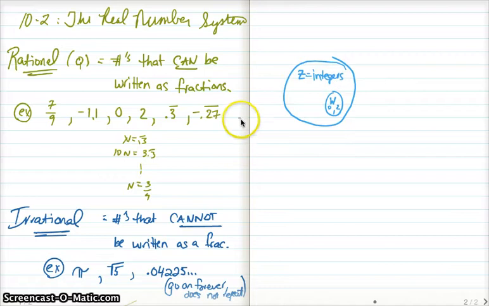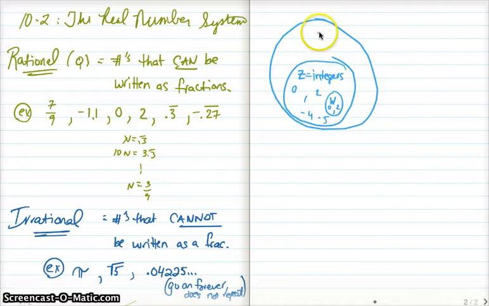So I think I'm going to use I for irrational, but we'll see. And integers are whole numbers and negative numbers, like 0, 1, and 2, but also -4, -5, things like that. Then, of course, we want to add fractions and decimals into the mix. So that's where our rational numbers come into play, Q.